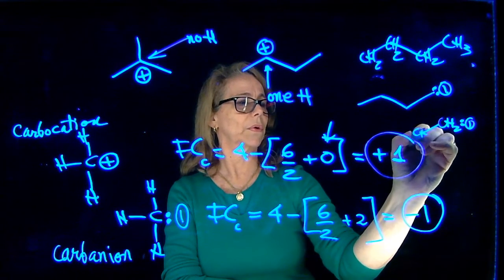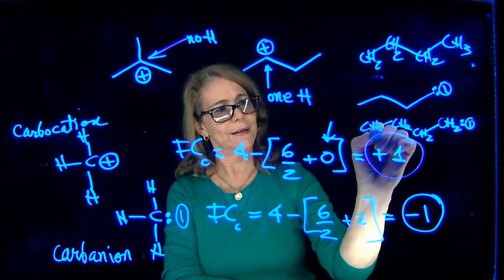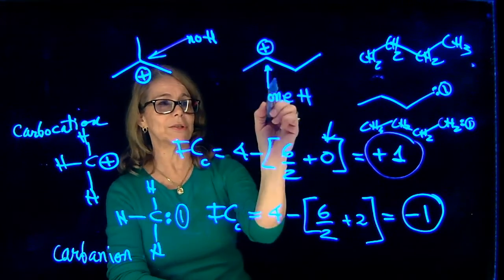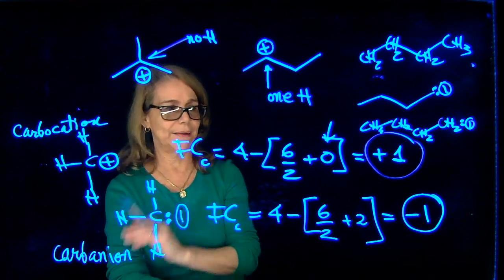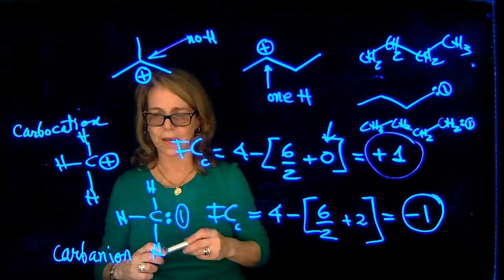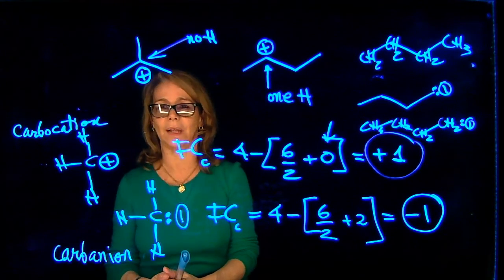So CH2, CH2, and CH3. So bottom line, we need to keep in mind the formal charges to be able to tell how many hydrogens we have on any of the carbons. Formal charge is another important concept when we're analyzing and reading our line structures.